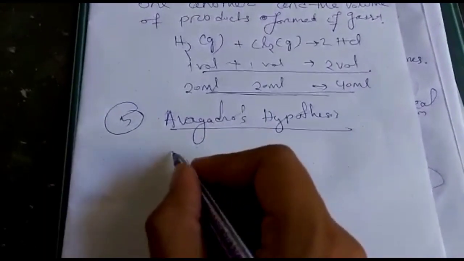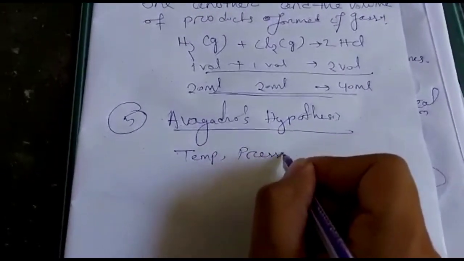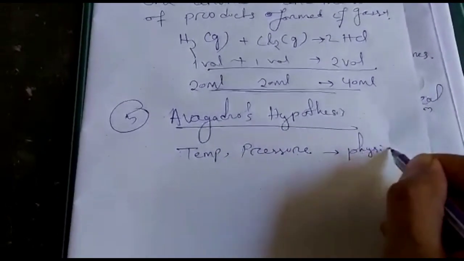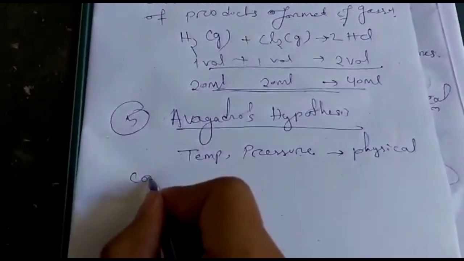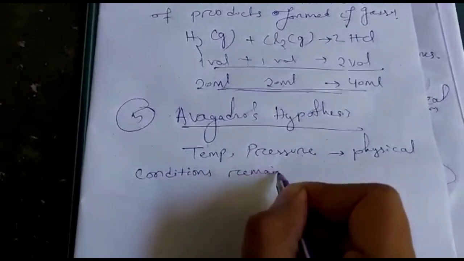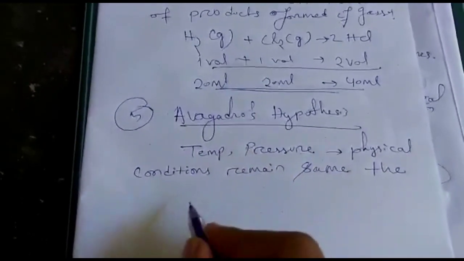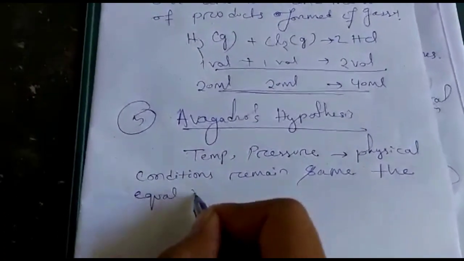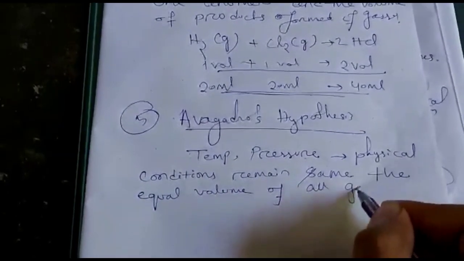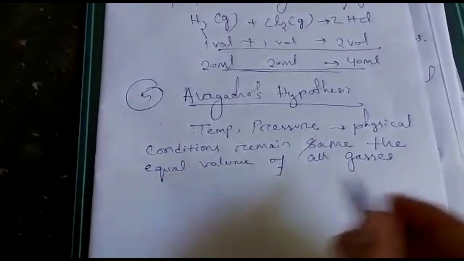Avogadro's hypothesis explains that if temperature and pressure, that means the physical conditions, remain the same, then equal volumes of all gases contain an equal number of molecules.